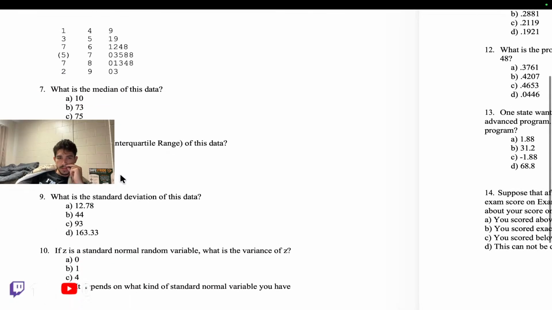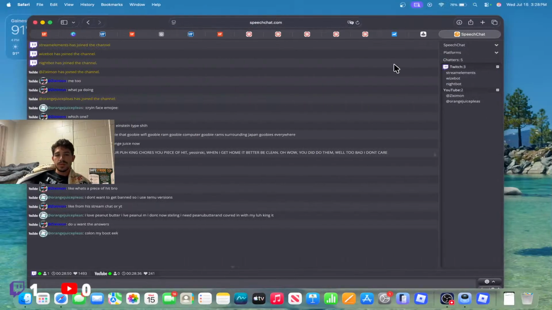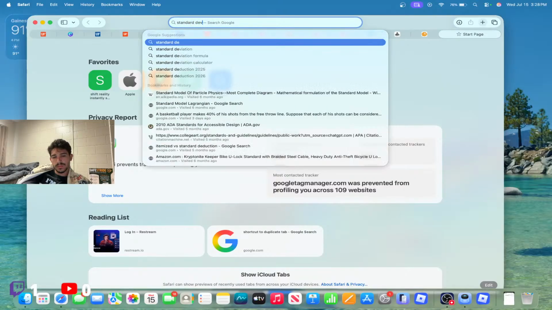Number 9, standard deviation. What's the standard deviation equation?